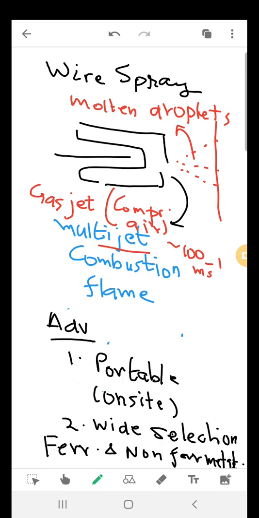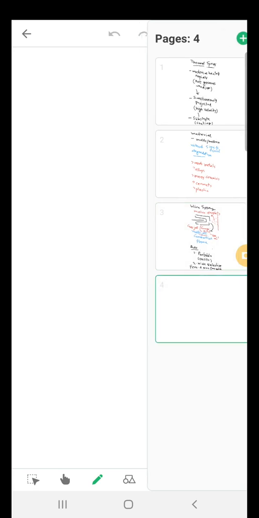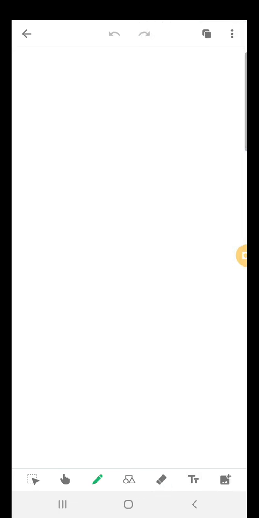Now, another type of thermal spray technique is called electric arc spray.